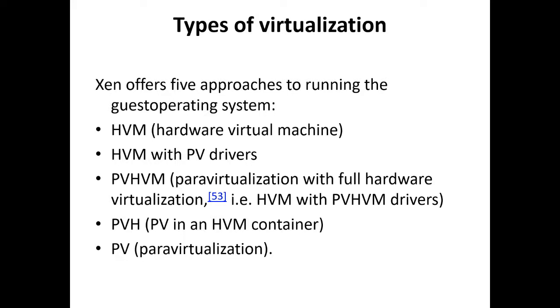One is hardware virtual machine, and one is hardware virtual machine with paravirtualization driver, that is HVM with PV driver. We have paravirtualization with full hardware virtualization, and we have PV in hardware virtualization container as well as paravirtualization. Let us not talk about these in depth, but these are the 5 different approaches for running Xen.